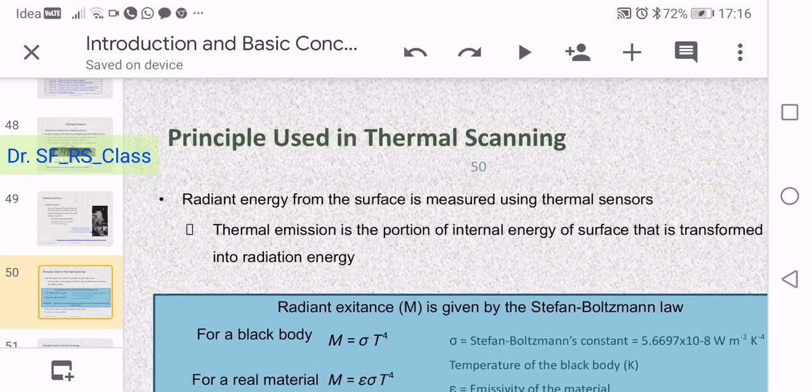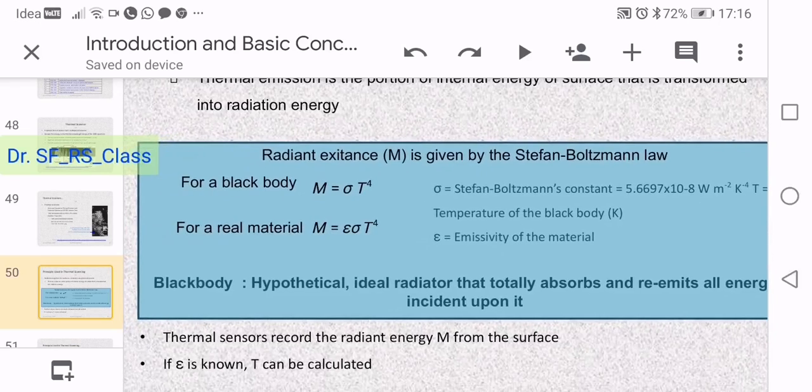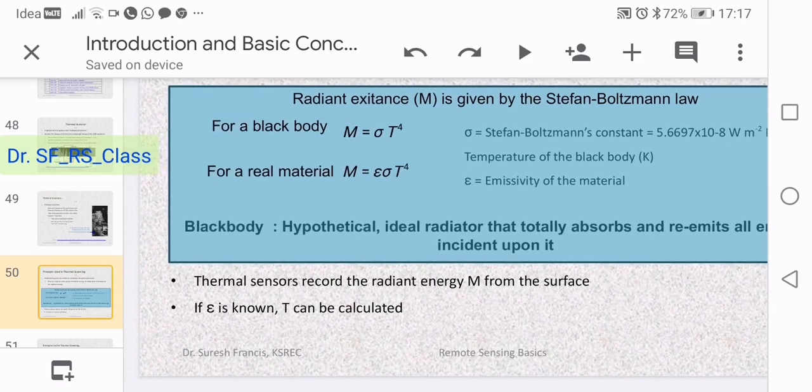By this principle of radiant excitance by Stefan Boltzmann, we can identify the thermal characteristic of an object at a particular instance of sensing from the thermal images. So thermal sensors record radiant energy M from the surface. If the emissivity is known, T can be calculated.